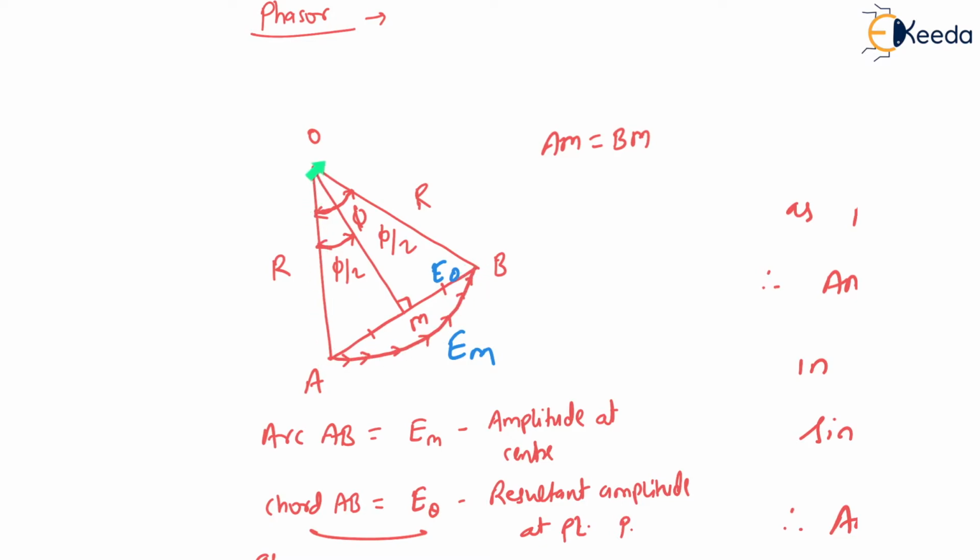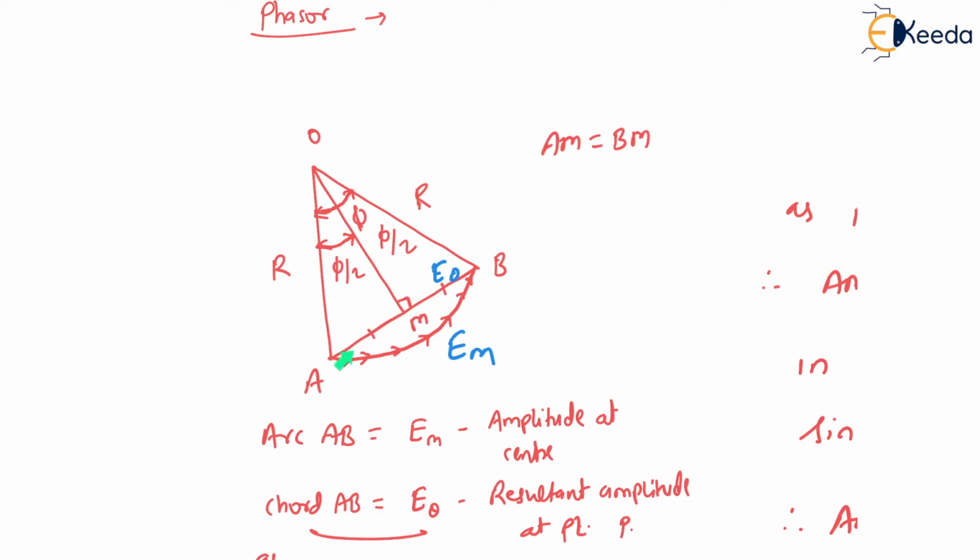So here we have chosen one center. This arc AB is part of a circle with center O and radius R. Then the total angle will be phi. Then if we draw one chord over here, AB is the chord.